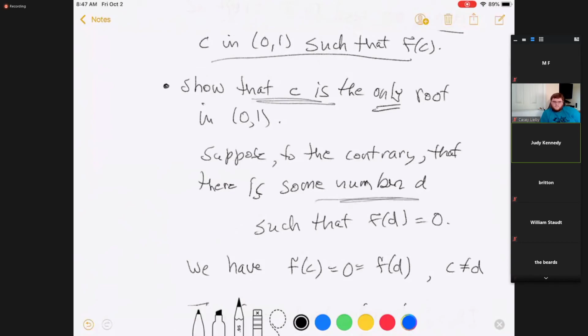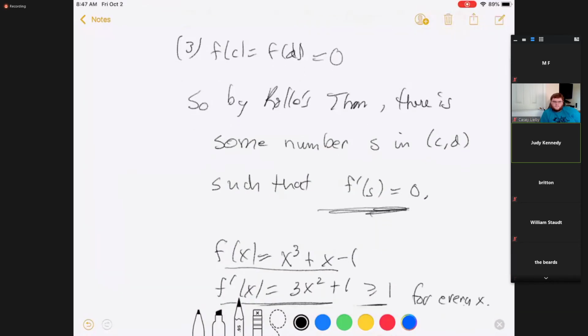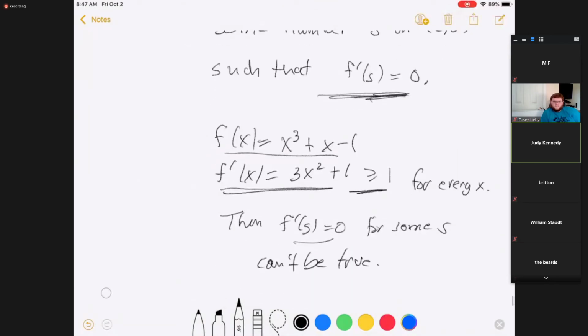We supposed we had two different numbers such that f of C was 0, f of D was 0. But that leads you to the conclusion that f prime has to be 0 someplace, and it's not.